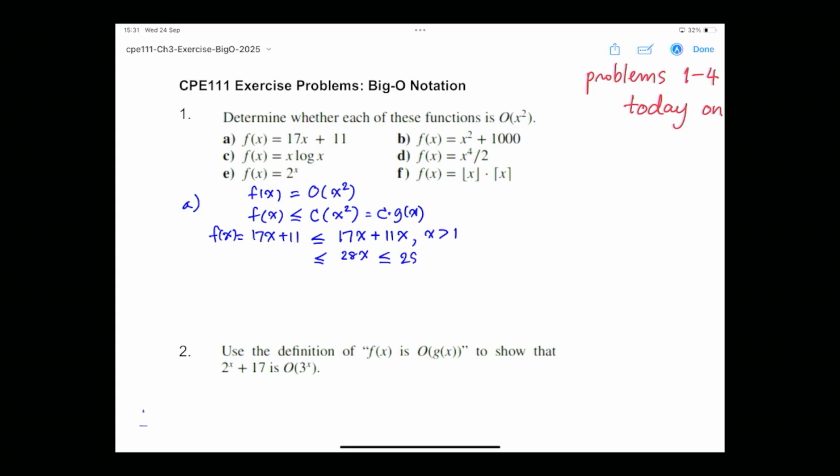We could make even this x squared. When x is greater than 1, this is true, and it's c times x squared there. What is c? 28. C can be any number that makes it true here. There could be many possible values. So this is O of x squared. This is for problem A.